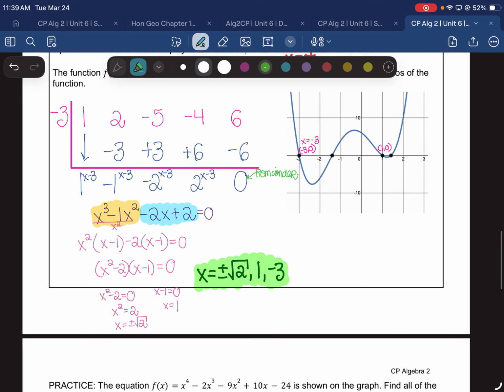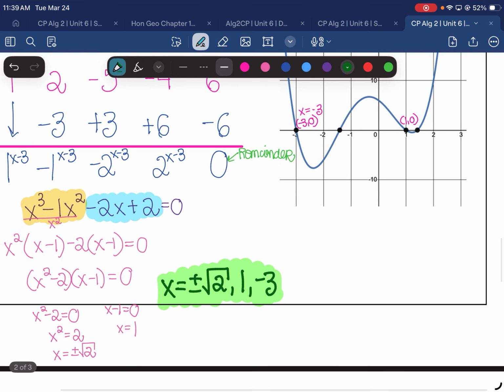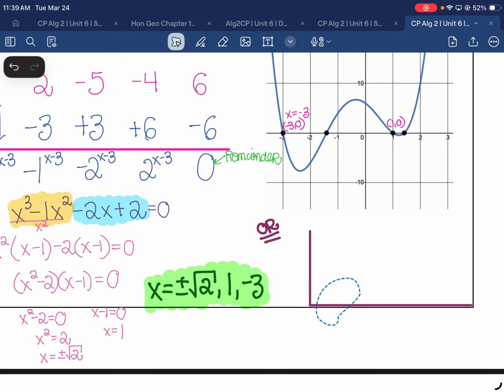Now, if you could not factor what I have highlighted in yellow and blue, you could do synthetic division again. And I want to show you what that would look like. So if you did synthetic division again, let me move this down so it doesn't get too confusing.